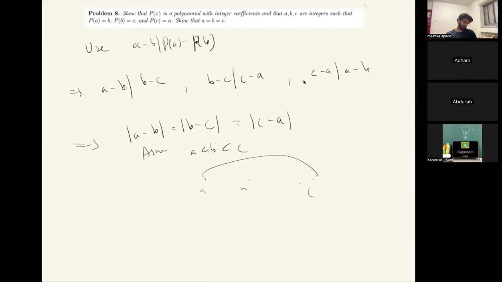But what you can do is say a lemma: if A, B, C are distinct and A minus B equals B minus C equals C minus A, then A equals B equals C, right?